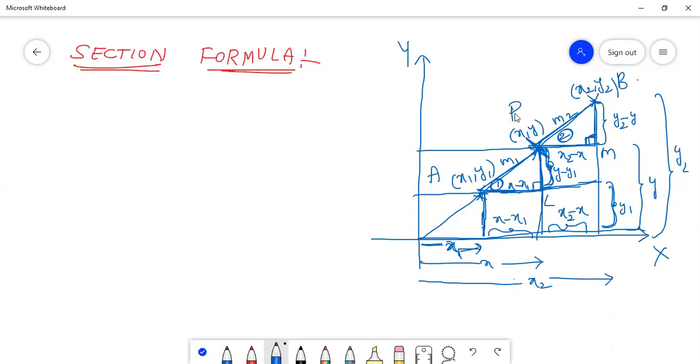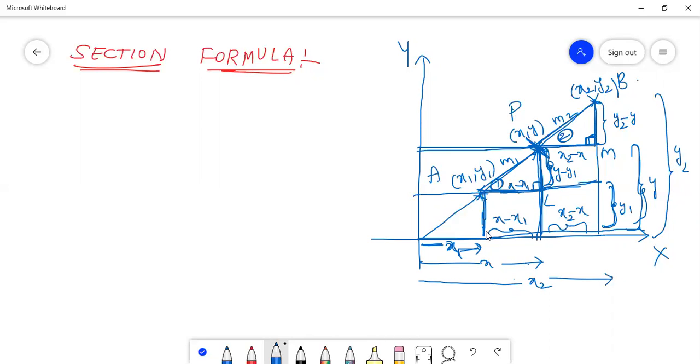In the same way, P is a point x comma y, meaning the distance from the x-axis to P is y and the distance from the y-axis to P is x.